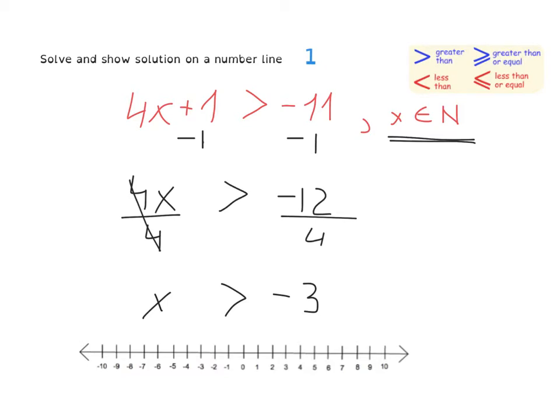So let's mark it. That would be 1, 2, 3, 4, 5, 6, 7, 8, 9, 10, and so on. Okay, so just bear in mind, you're not looking at minus 3 and minus 2 and so on. You're looking at natural numbers greater than minus 3, which is basically from 1 to infinity.